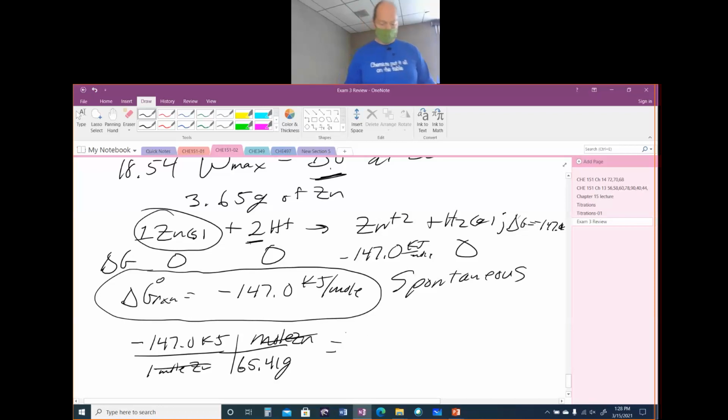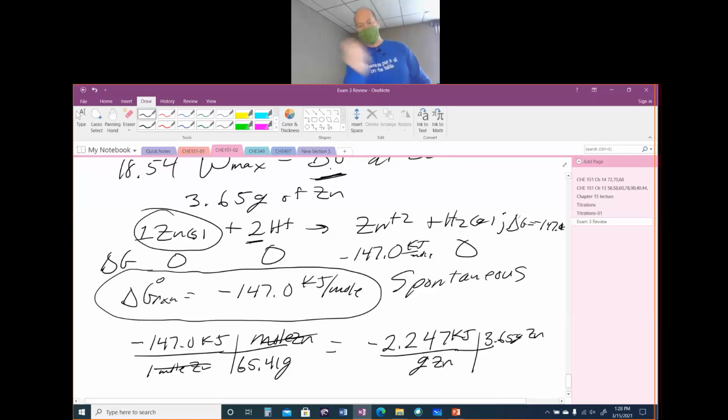You can get another answer that is negative 147 divided by 65.41, which would give you 2.247 kilojoules of work for every gram of zinc. And of course, we have 3.65 grams of zinc. You could do this all in one row as well, but if you wanted, this is the kilojoules per mole of zinc, this is the kilojoules per gram of zinc, and we have 3.65 grams of zinc.